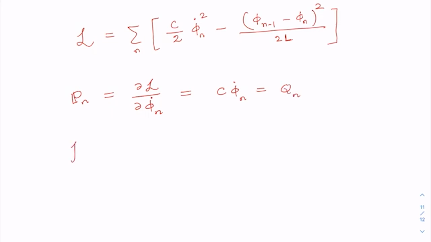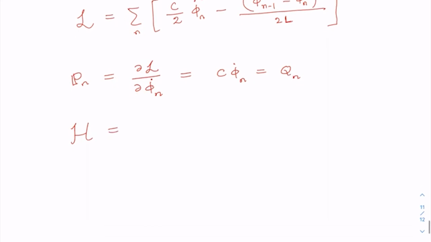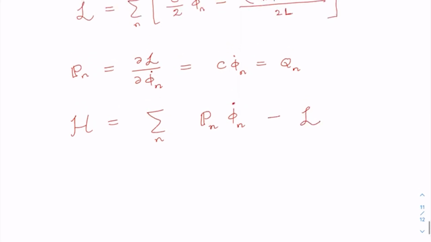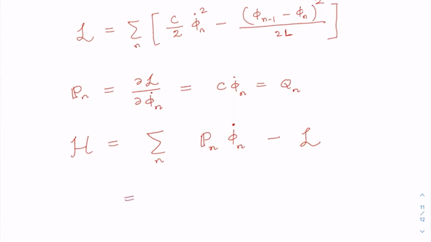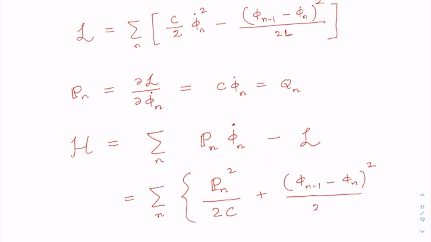And the Hamiltonian for the discrete transmission line would be P_n φ̇_n minus the Lagrangian, and you can easily work it out, and you will find that this would be simply P_n²/(2c) plus (φ_{n-1} − φ_n)²/(2l).